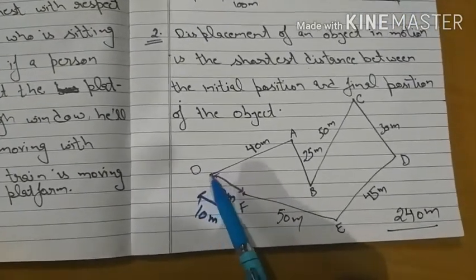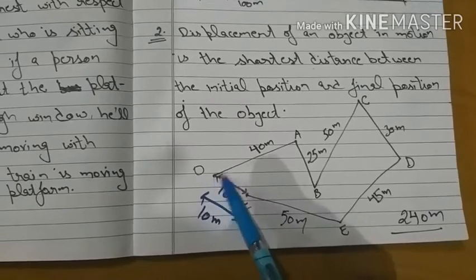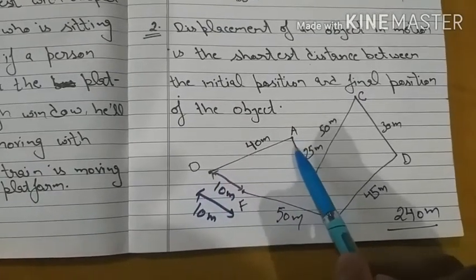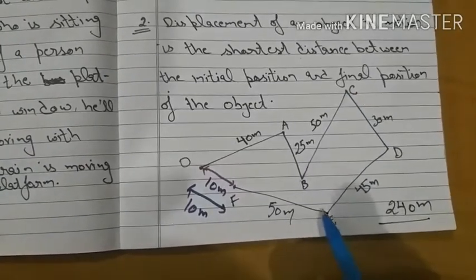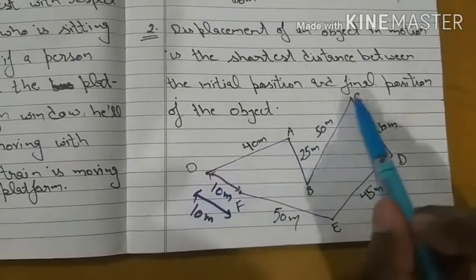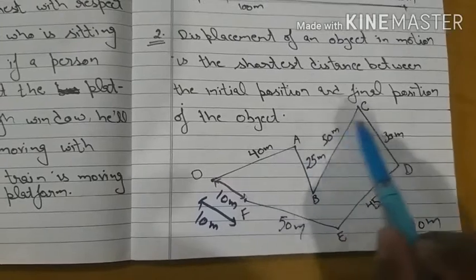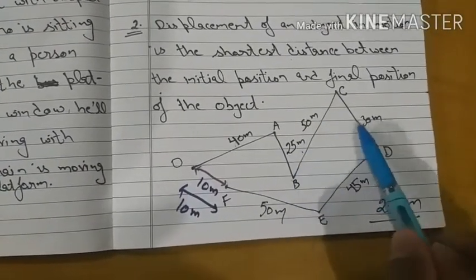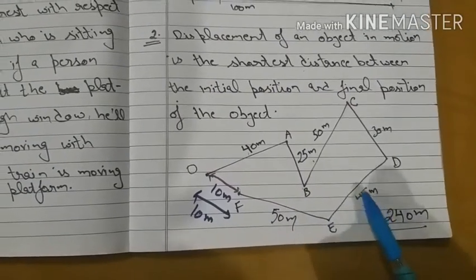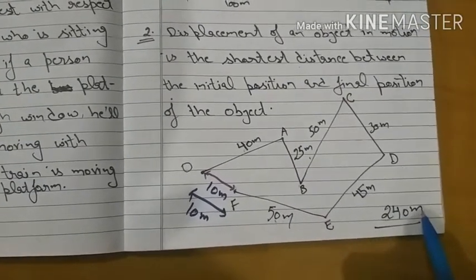Another example, if an object starts from point O and goes to point A and again goes to point B and then C, D, E and F and covers a distance equal to 240 meter, because 40 plus 25 plus 30 plus 45 plus 50 will be equal to 240 meter.